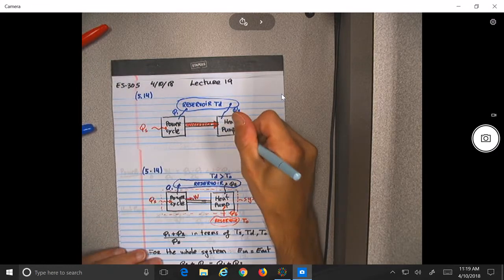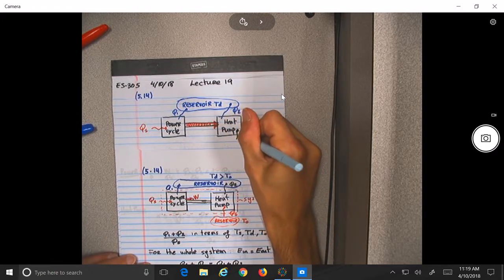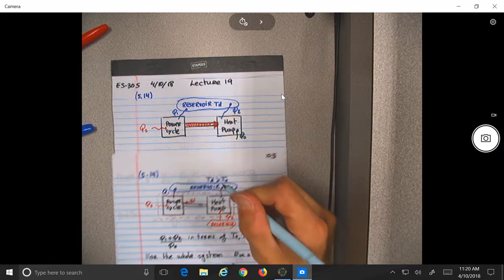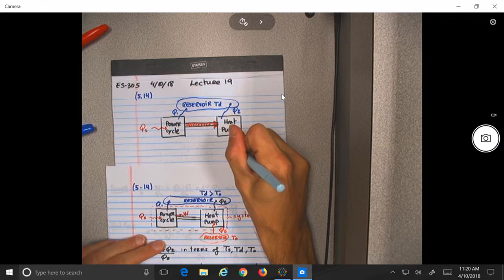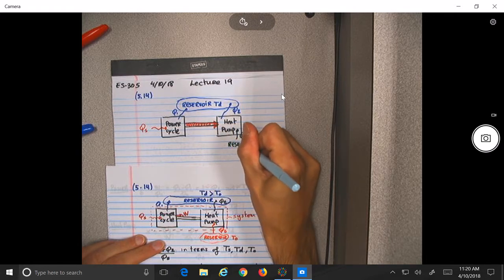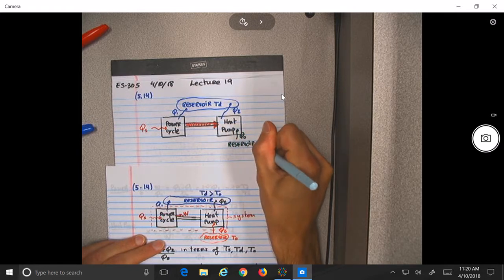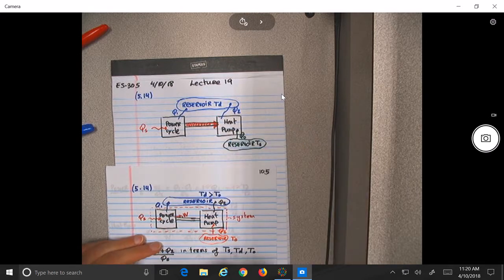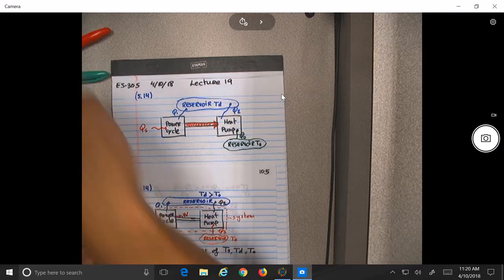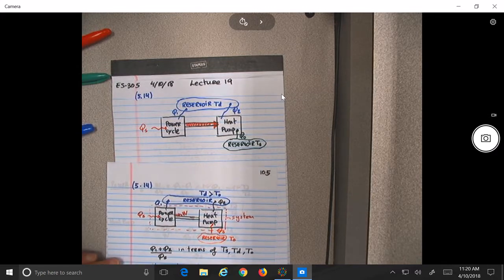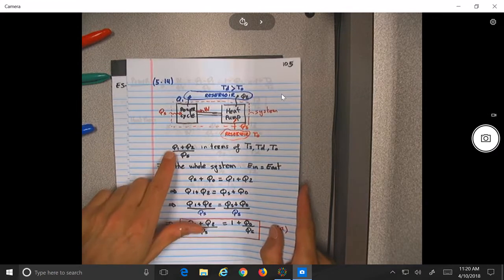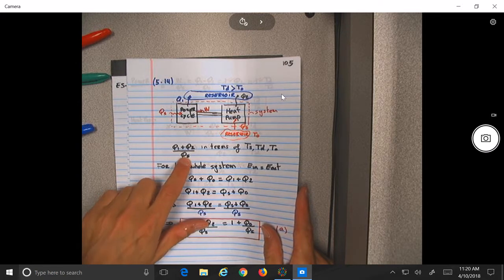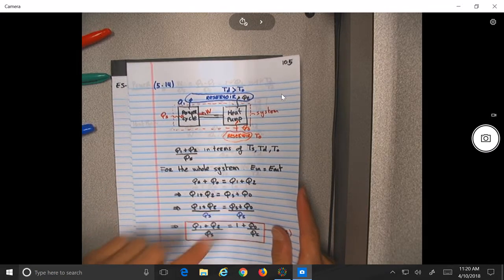Looks like there's some reservoir here at the bottom, Q sub naught. Reservoir at the temperature T naught. Okay, and what they're asking us is to find Q1 plus Q2 over Qs in terms of Ts, Td, and T0.